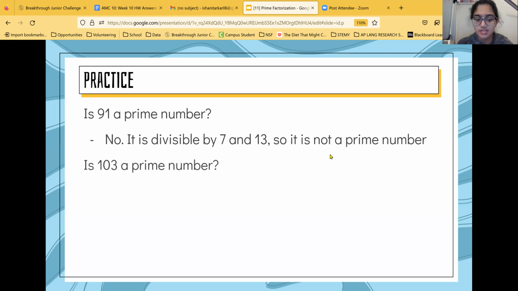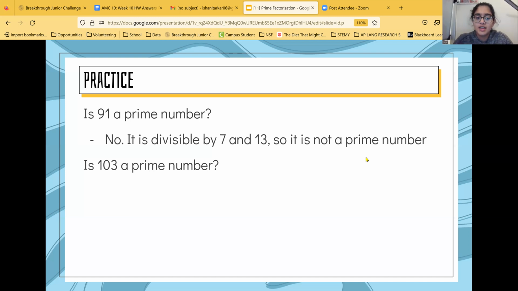Is 103 a prime number in the chat? There's no surefire formula to solve if it's a prime number.